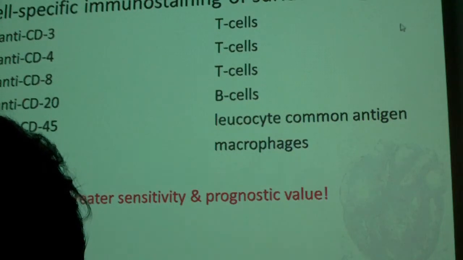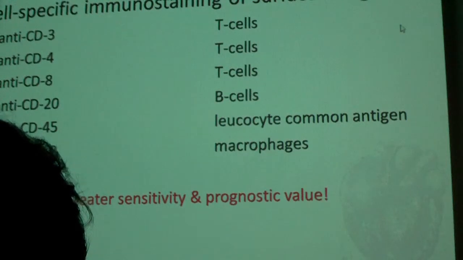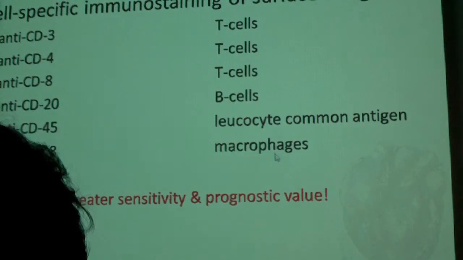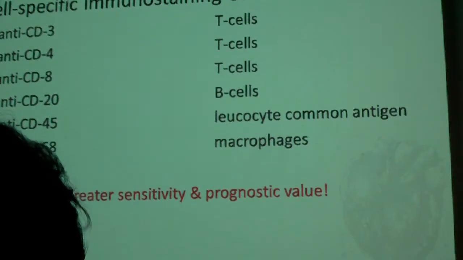And you can do all specific stainings regarding T cells, B cells, CD45, that's the common antigen for lymphocytes, and CD68 was for macrophages. And these had greater sensitivity and also had a very good prognostic value in which person would eventually have the worst prognosis compared to the one without any inflammation.